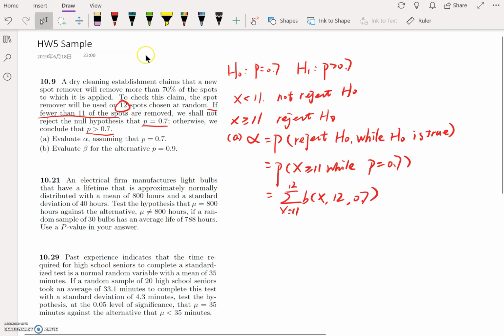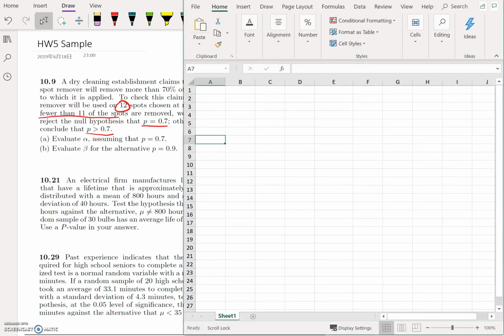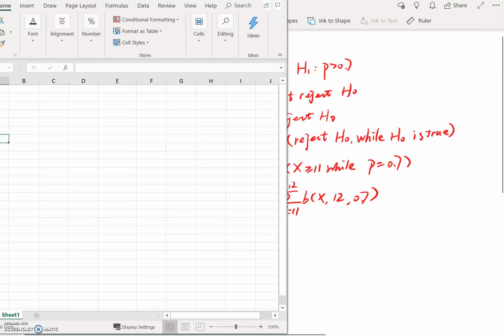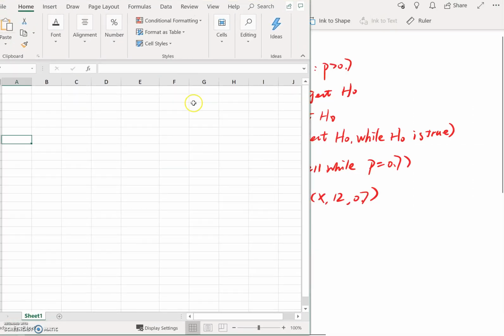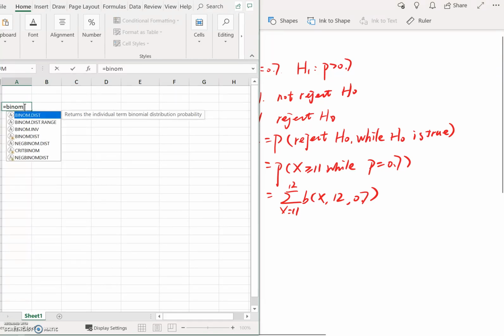Then how do we get this value? We will use Excel to get this. In Excel, there is a function called binomial distribution range. At this place, you can type in the number of trials.